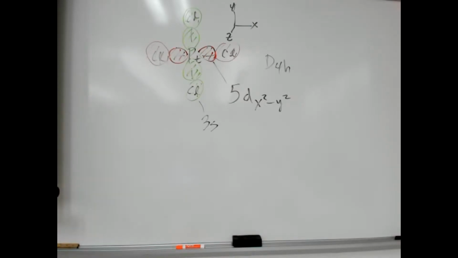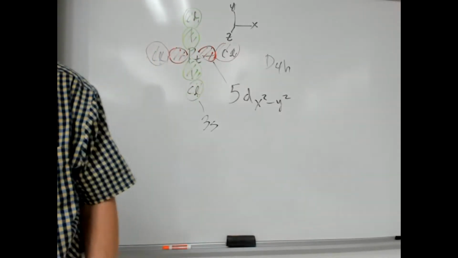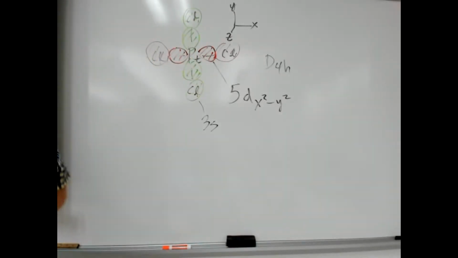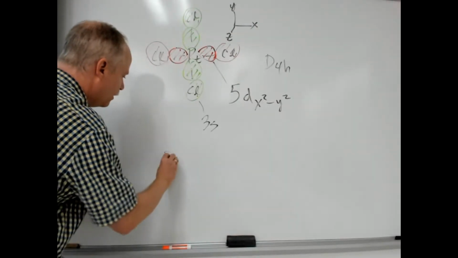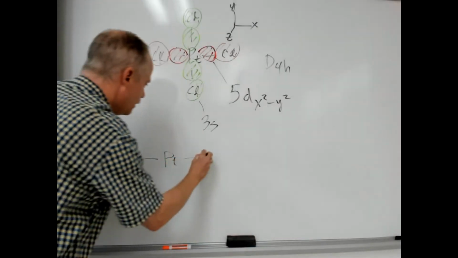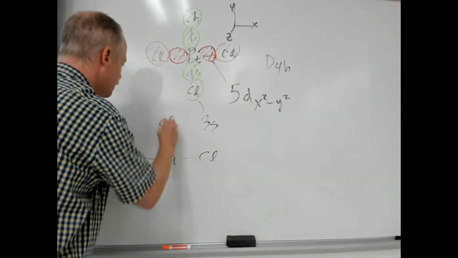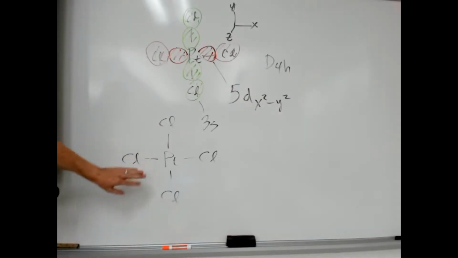Let's look at one that has dxy. So same molecule. I think I have enough space to draw it a little bit lower. Okay, so platinum tetrachloride, drawing another species here. Can you see that on the board?